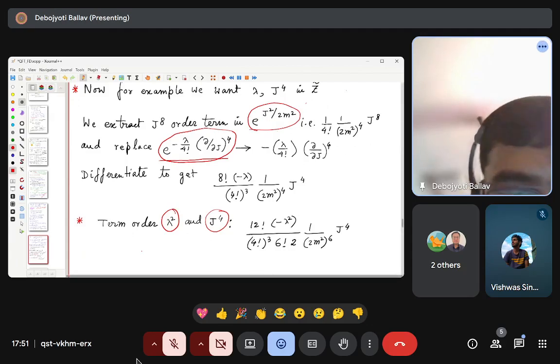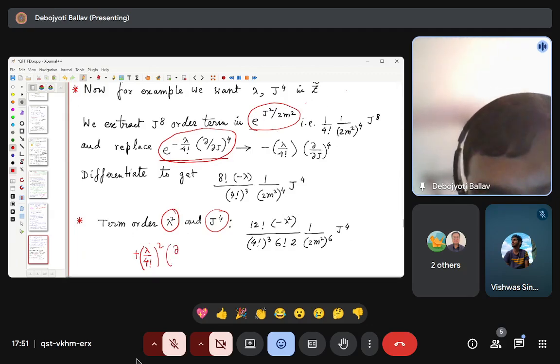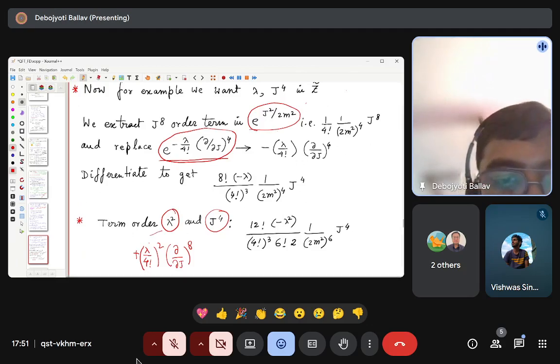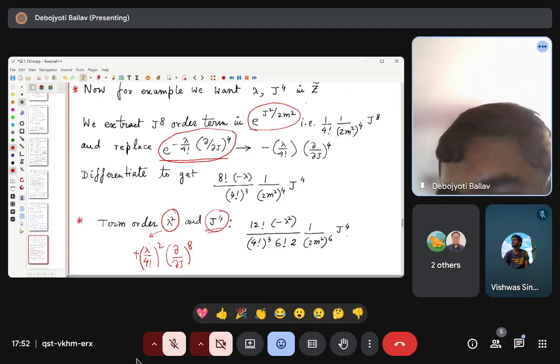I can replace this exponential by a lambda square term, which is lambda by 4 whole square. That will give me the del j to the 8th term. So from this exponential, I have chosen the lambda square term, which satisfies this criteria. Now I want the j to the 4th term at the end.